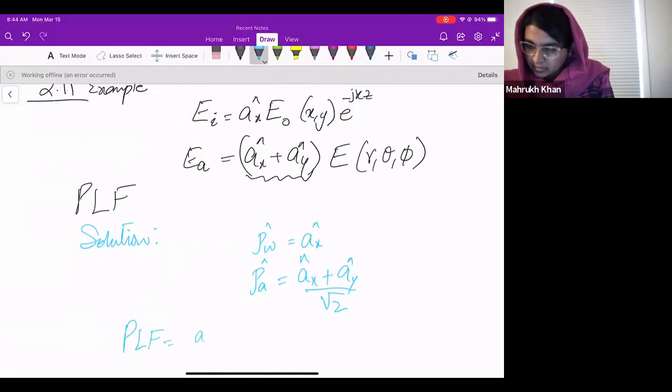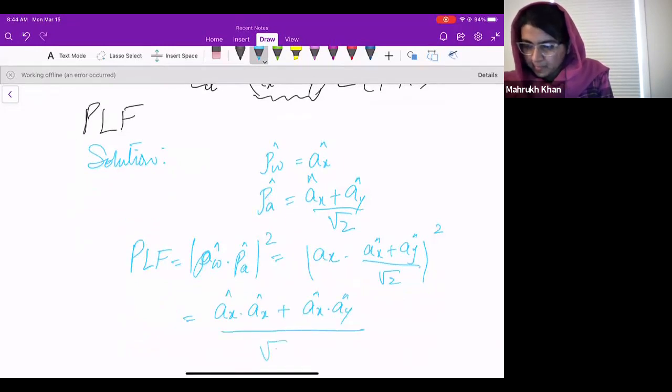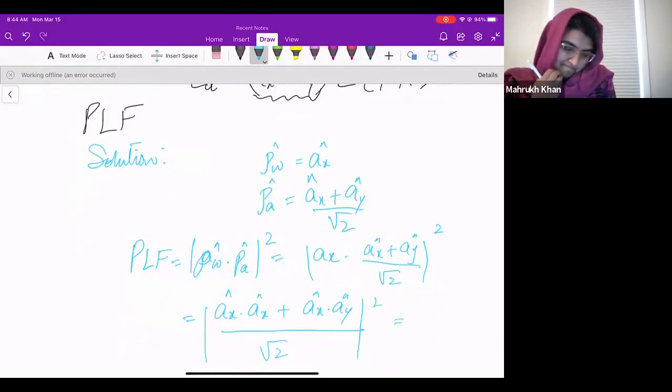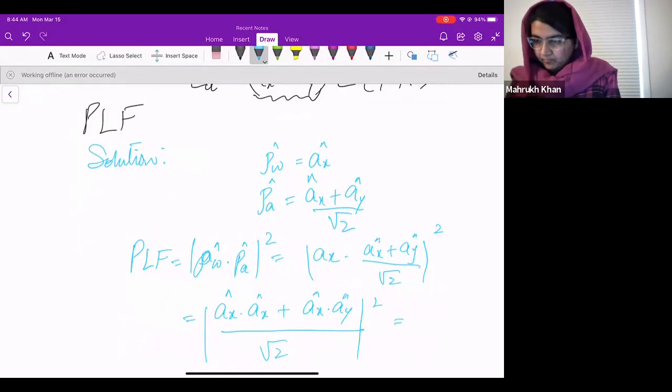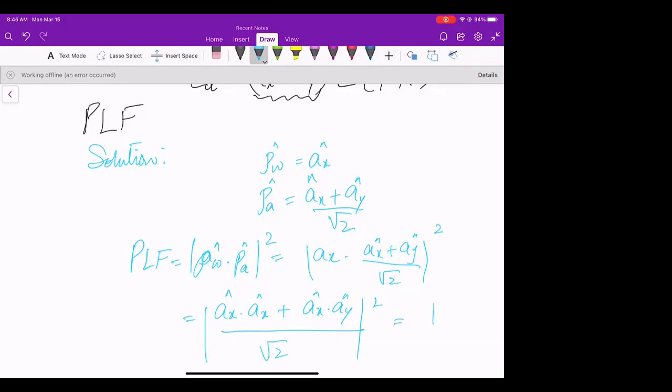So the polarization loss factor is the magnitude of the dot product squared. So what is a_x dot a_x? That'd be 1. Yes. And what is a_x dot a_y? 0.